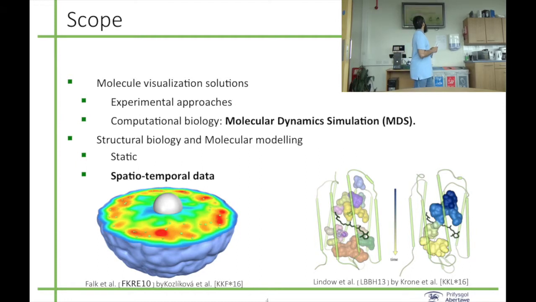For people who are not familiar with molecular visualization, in the biology field, there are two approaches that are used to study the molecular structure and their dynamics: the experimental approach and the digital approach. The experimental approaches rely on special equipment, whereas the digital approach relies on molecular dynamic simulation systems.